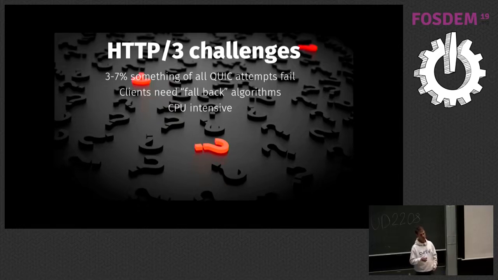I'm not really a server guy, so I'm not really into all these details, but this is partly because of a worse hardware offloading situation. TCP and TLS have been around for a long time, and we have optimized the TCP stacks and the hardware offloading for all the crypto.